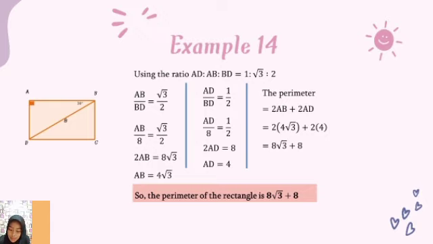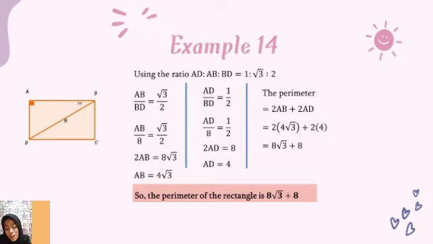The perimeter equals 2AB plus 2AD, which equals 2 times 4 square root of 3 plus 2 times 4.